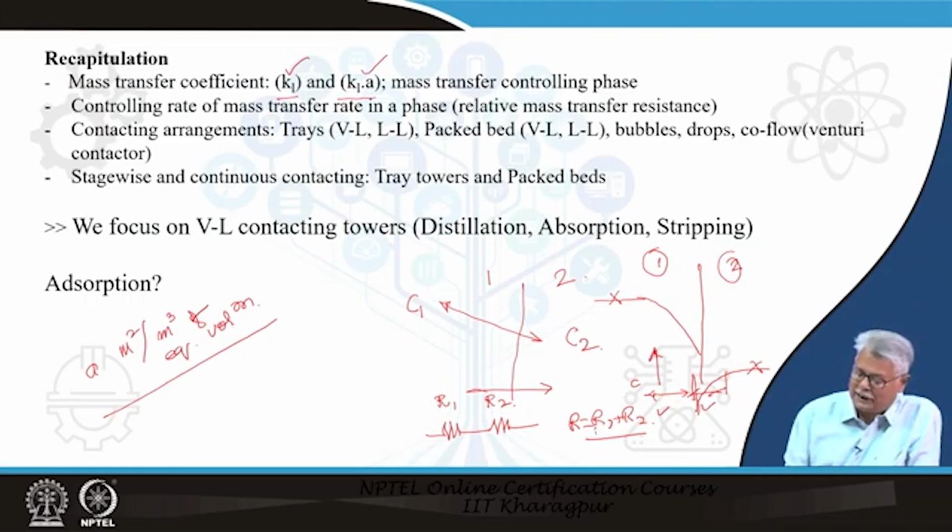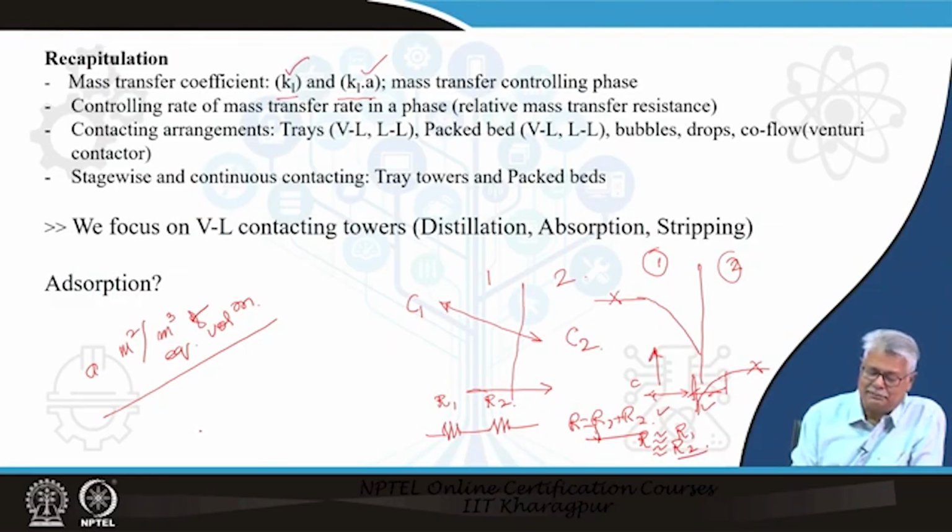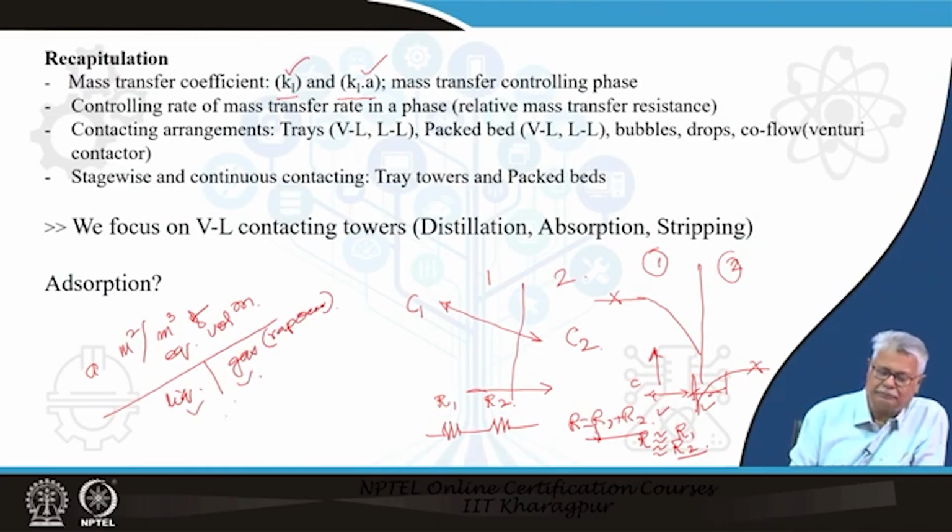It will make one tend to 0 with respect to the other, a very small number that we can neglect. In that case, R will be nearly equal to either R1 or R2. So, in the case of interface mass transfer, one of the side resistances, which could be the liquid phase side or the gas phase side or the vapor phase side, whatever we may call it, will be controlling.